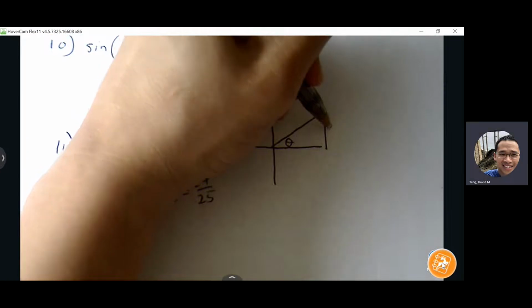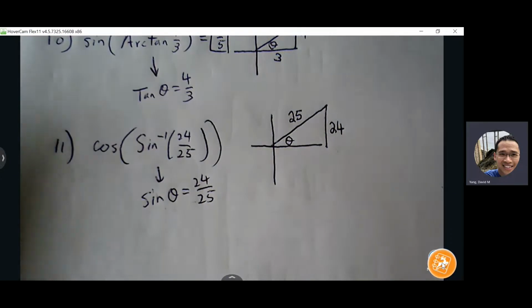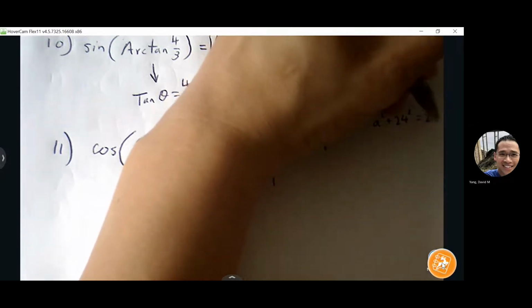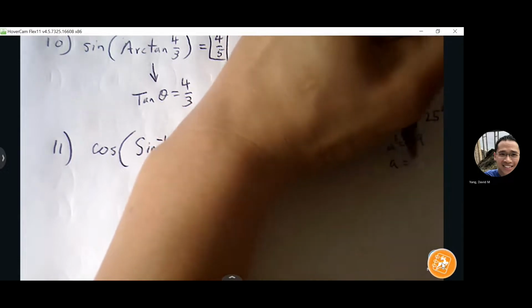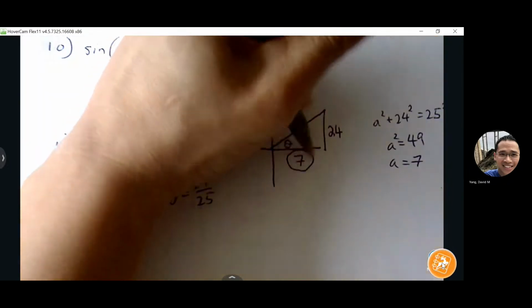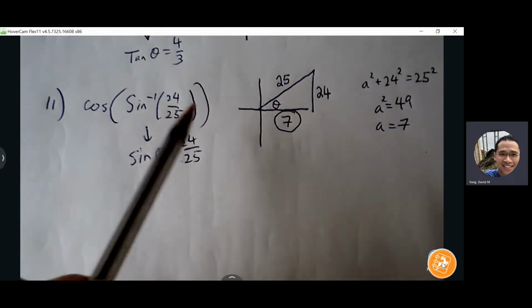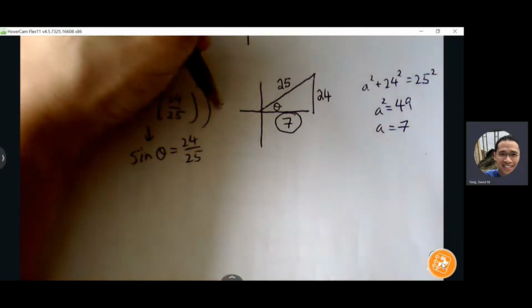SOHCAHTOA, sine is opposite over hypotenuse. Pythagorean theorem can help us find that missing side. Okay, so now we're just asking, what is cosine of theta?